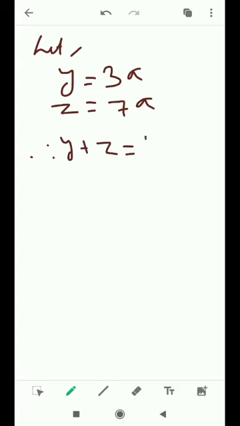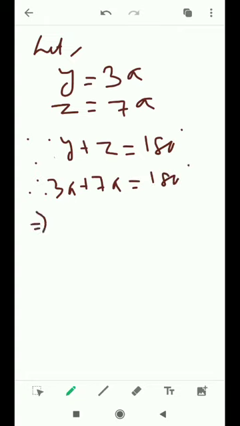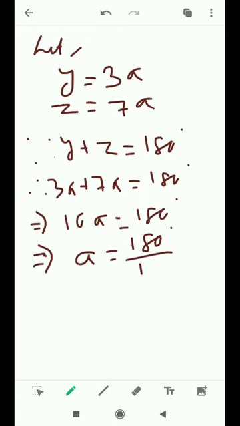Since Y plus Z is 180, therefore 3a plus 7a also equal to 180. So this will be 10a equals 180. So a will be equal to 180 by 10. So we will get 18 degree.